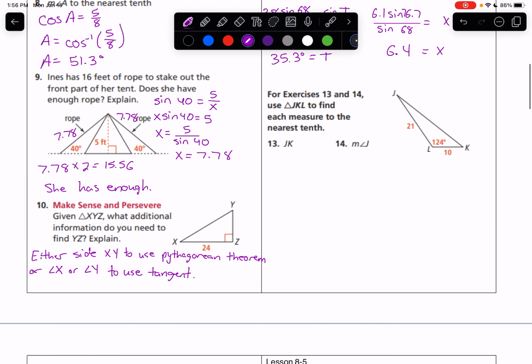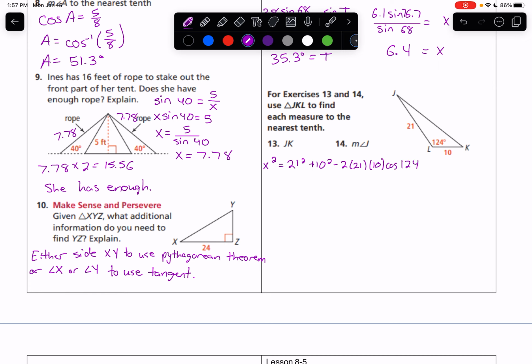Number 13 and 14, law of cosines problems. Find each measure to the nearest tenth. So for JK, that's this side length right here. That's the one opposite of the angle we know, and we know the two other sides. So if we're looking for this, we'll call that our unknown, and we'll start with it since we know the opposite angle. We'll say x squared is equal to 21 squared plus 10 squared minus 2 times 21 times 10 cosine of 124.